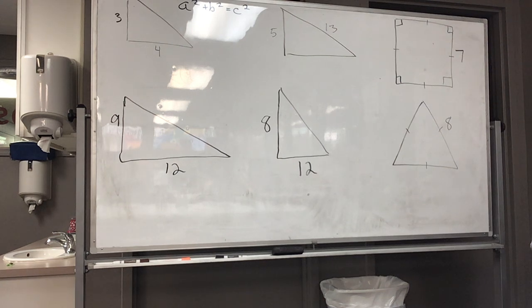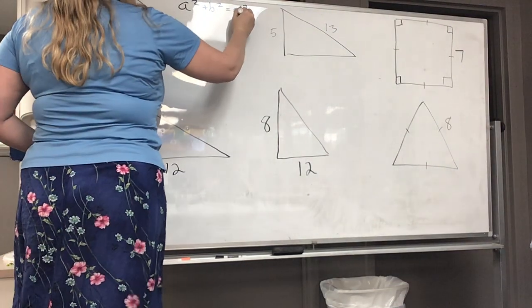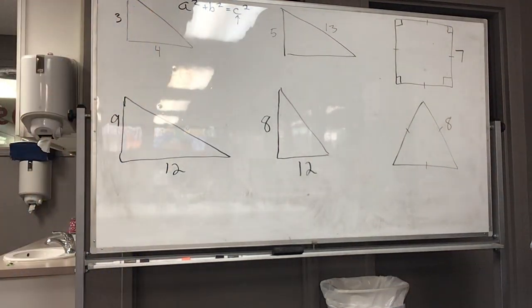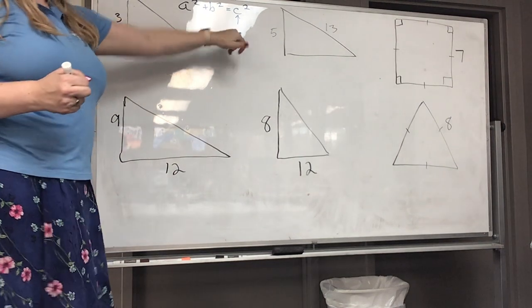So, a squared plus b squared equals c squared. The important part to know is, what is the c talking about? The 2 other angles added up. Not angles, but sides. But specifically, yes.